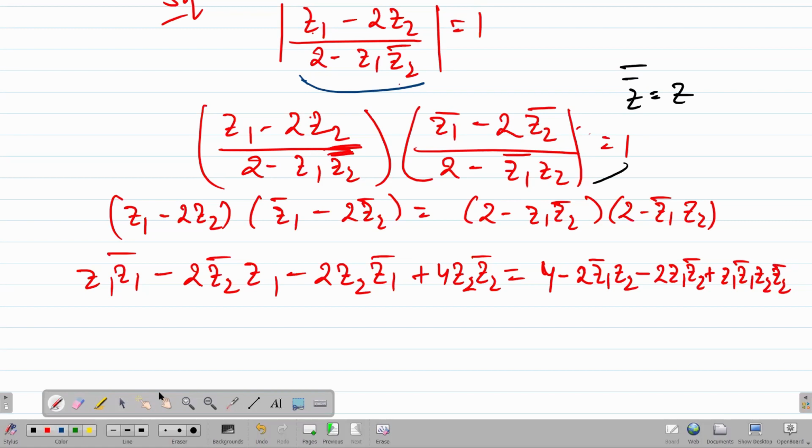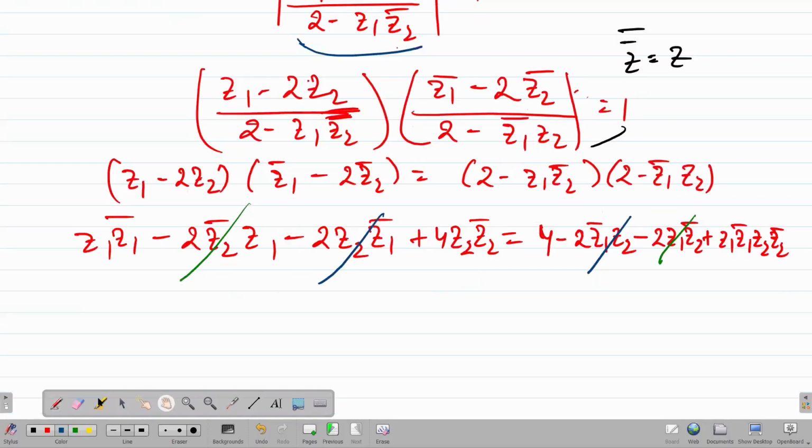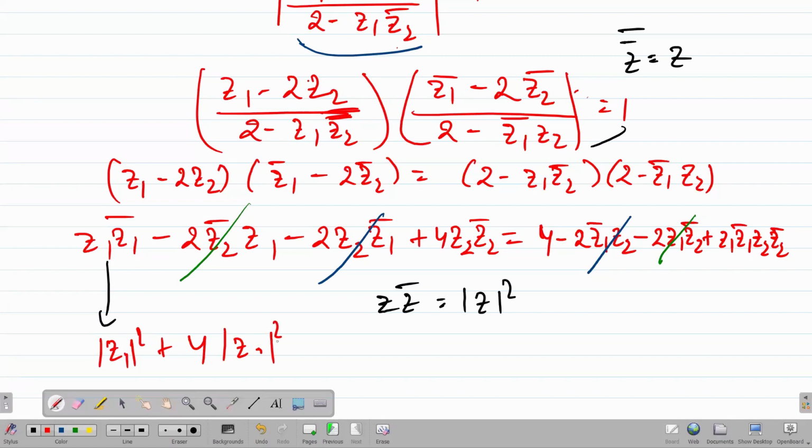Now this cancels out with this, and using this property again, that z into z bar is mod z square, I can replace this by mod of z1 square. I can replace this by 4 mod z2 square.